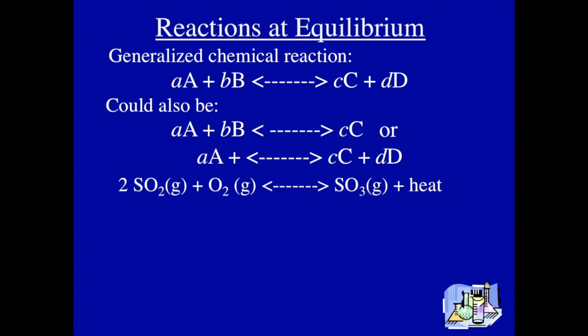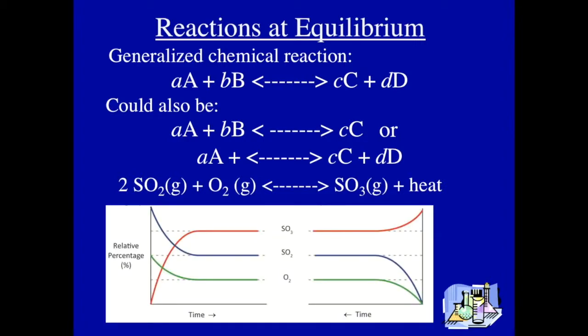And when we reach an equilibrium at a certain temperature and pressure, if I started with sulfur dioxide and oxygen, and let's say I had 2 moles of sulfur dioxide to 1 mole of oxygen, I would end up producing eventually a certain amount. I would make about 1.5 moles of sulfur trioxide at a certain temperature. So if I started with sulfur dioxide and oxygen, I would make a certain amount of sulfur trioxide.